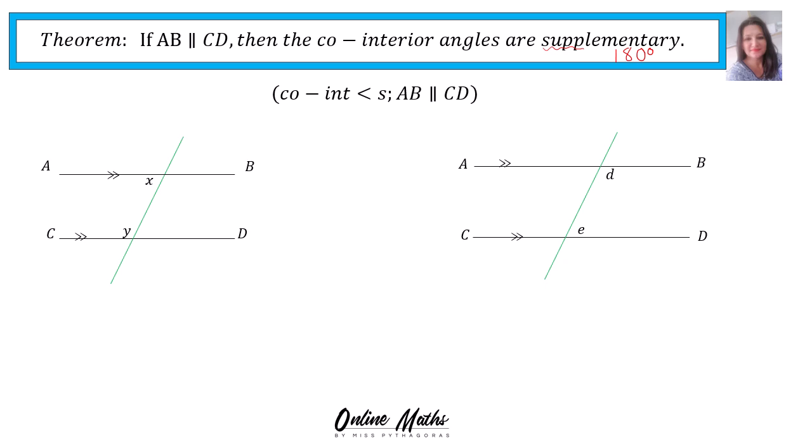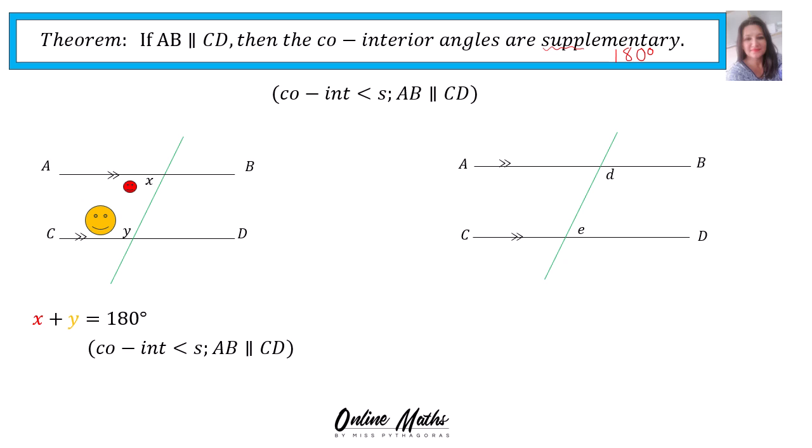So where do we find the co-interior angles? If you look at the left hand side, then we will say that angle X plus angle Y is equal to 180 degrees. And your reason, co-interior angles supplementary, AB parallel to CD.